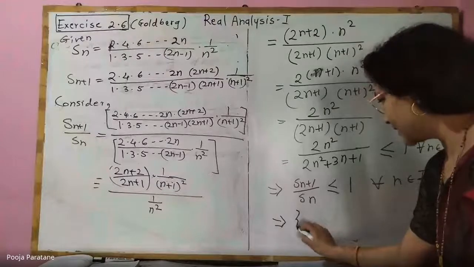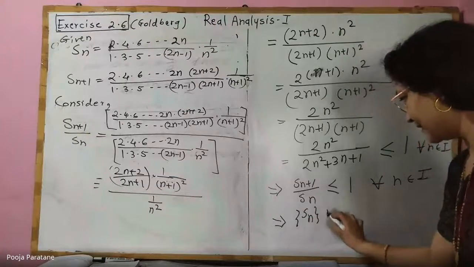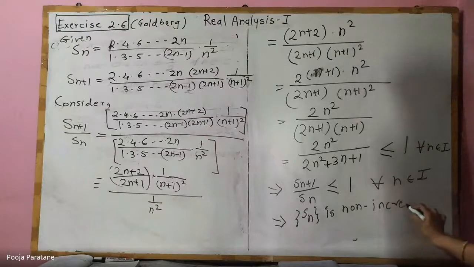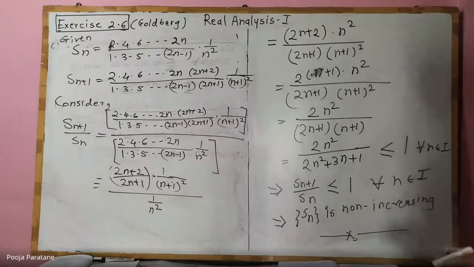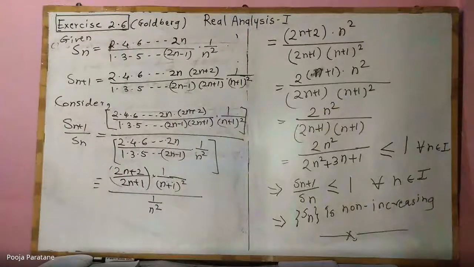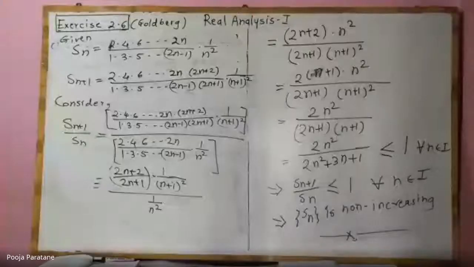The conclusion is that the sequence Sn is non-increasing. So thus this was the second question in which we wanted to prove that the sequence is non-increasing. Thus we have solved these two examples of the exercise.